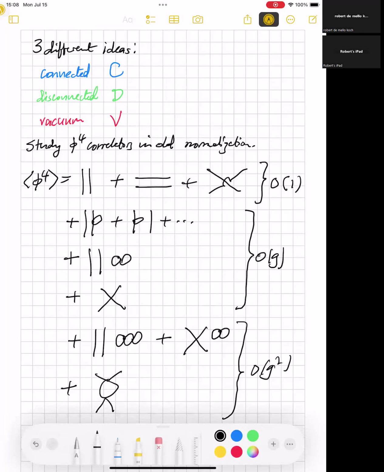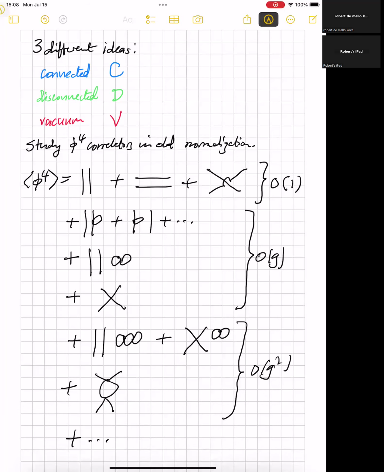Okay, now I want you to label all of the diagrams that are connected. So pause the video and label what's connected, then put it back on again, and let's do it together. Okay, for the connected diagrams, well, this one is certainly connected, and this one is connected. Good. Okay.